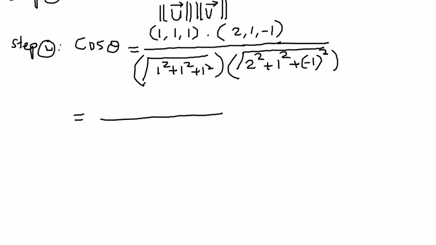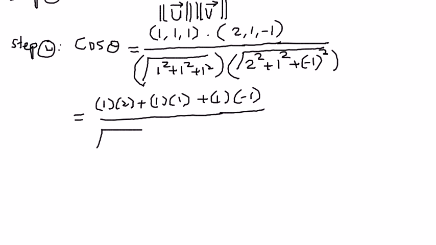This is going to be equal to the dot product between these two vectors, which is 1 times 2 plus 1 times 1 plus 1 times -1, and in the denominator we have 1 squared is 1, plus 1 squared is 1, plus 1 squared is 1. So therefore that is that part.